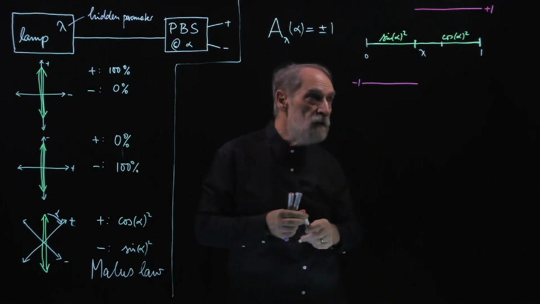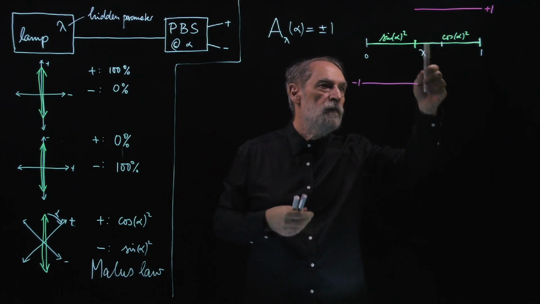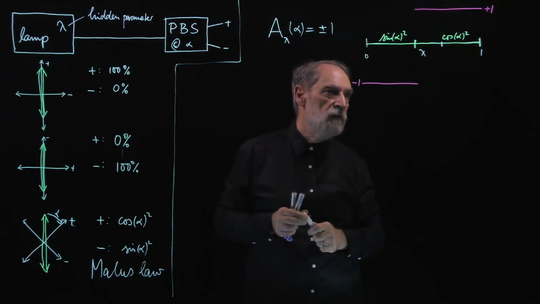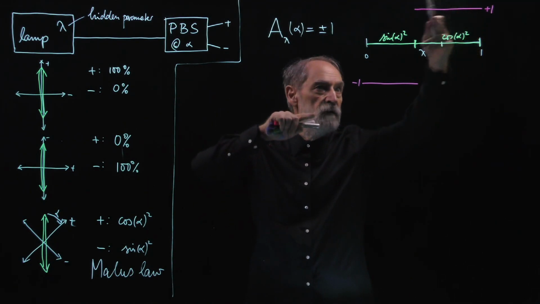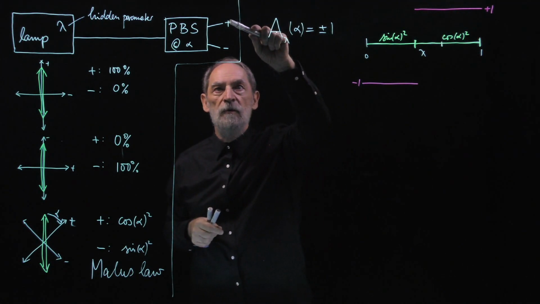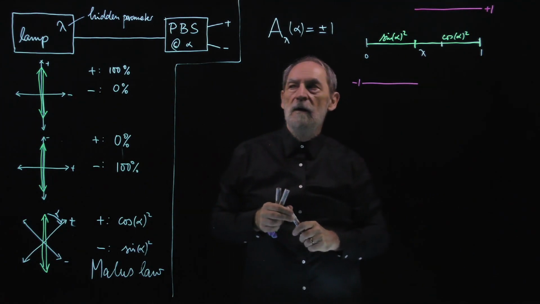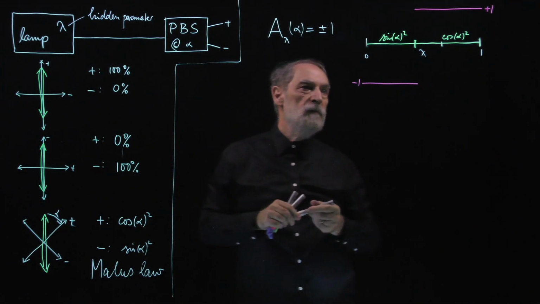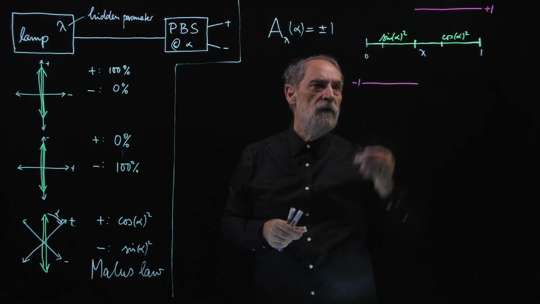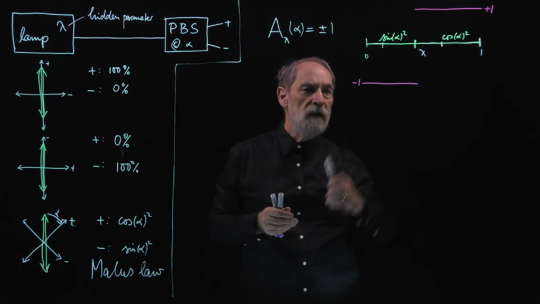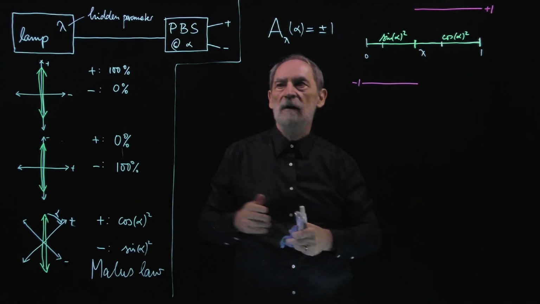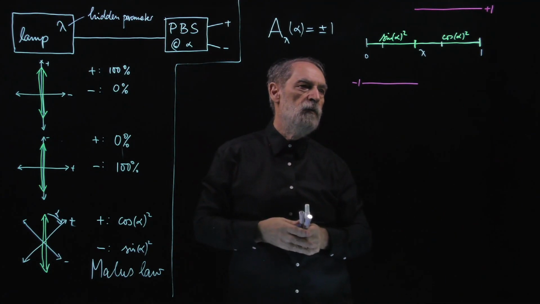If that's the case, and that will happen for a fraction of cosine alpha squared of the photons, then the value of this function is +1, and the photon is told to go to the plus output port. The next photon that comes may have a lambda value here. Now here, the function has the value -1, so this photon is instructed to go to the minus output port.